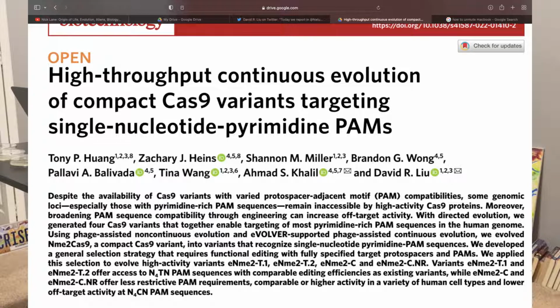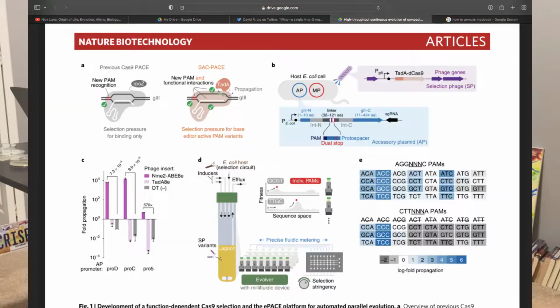So using this strategy, they developed a Cas9 variant. They call it Nme2Cas9. Not sure what that stands for, but it can recognize a single nucleotide T or C. This right here does look similar to what I was imagining.